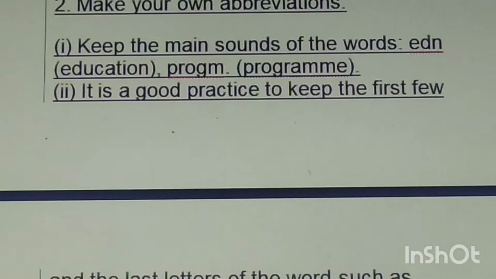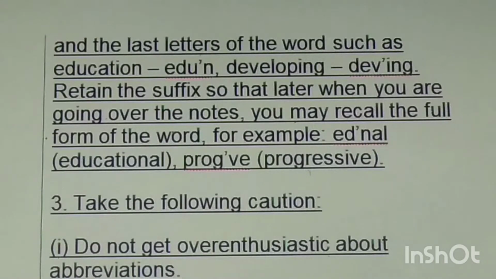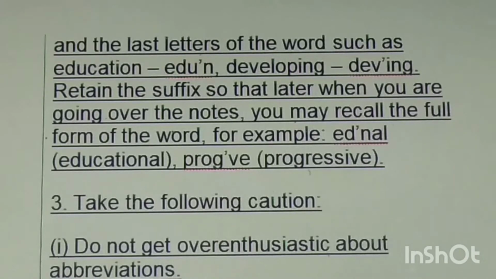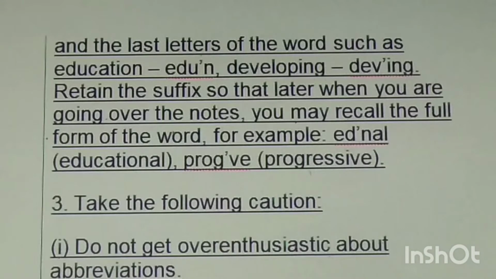It is a good practice to keep the first few and the last letters of the word, such as education. See, edu and then n. Developing, retain the suffix so that later when you are going over the notes, you may recall the full form of the word. For example, see, educational, ednal, progressive.